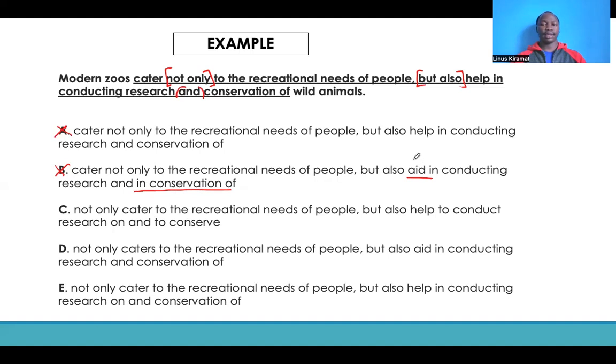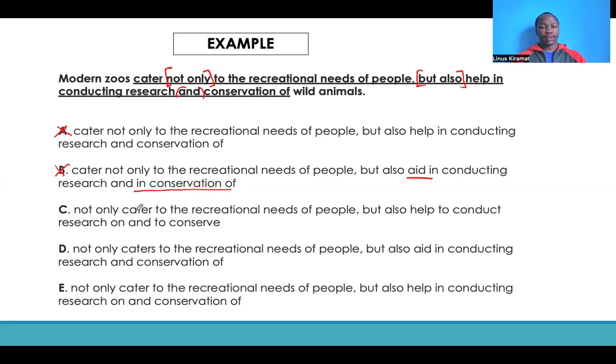Now, this answer choice introduces a new word, which is not what is used in our initial sentence. In some cases in GMAT, if it was in the correct grammatical construction, maybe you could have considered it. But for the mere fact that this fragment, cater not only to the recreational needs of people, is not in the same parallel construction as the rest of the sentence, we eliminate B.